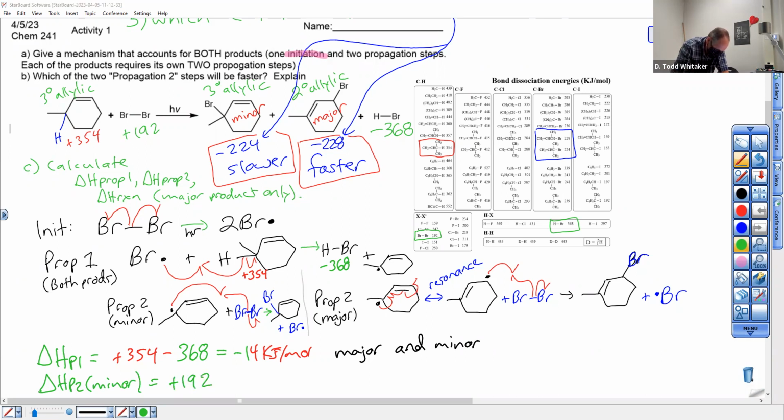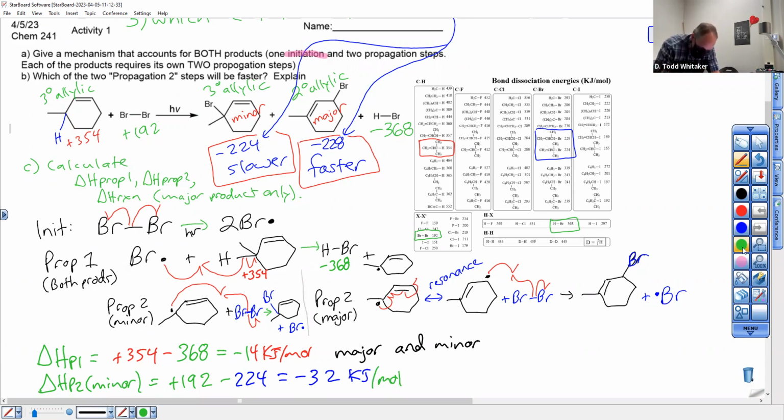How much energy do you get back when you make the tertiary allylic C-Br? Negative 224. And I'm just doing the reverse in my head: 224 minus 192 gives 32, so it's going to be negative 32 kilojoules per mole.